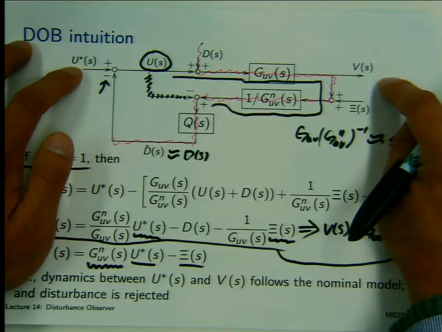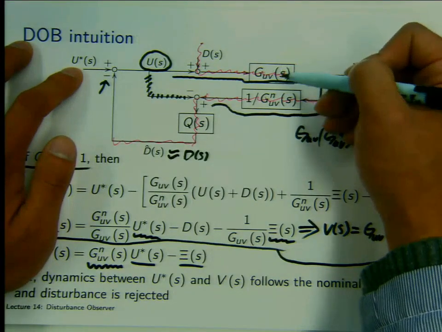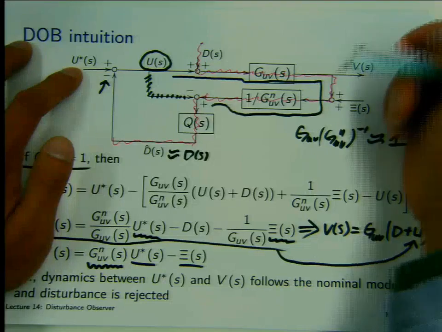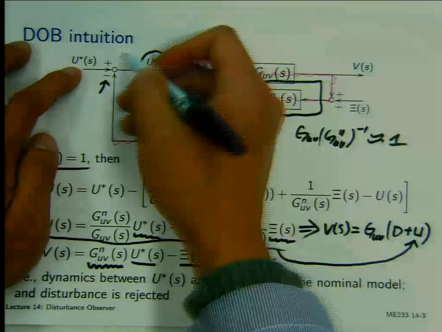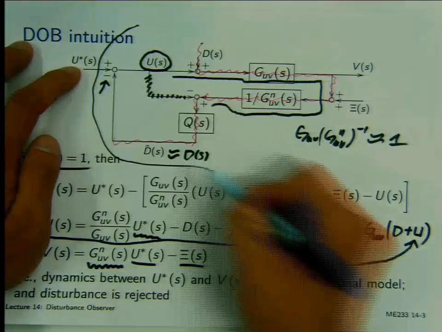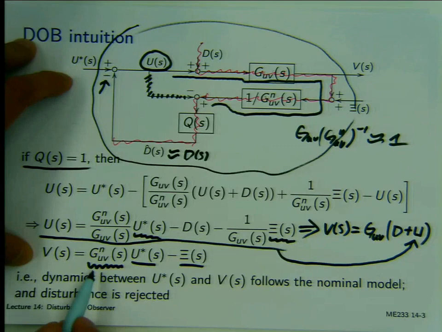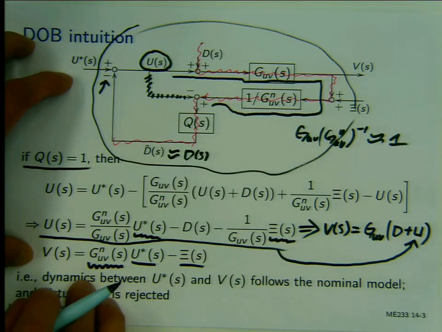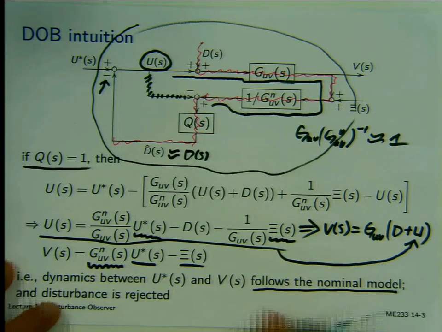Think about the intuition here. If the plant has uncertainties, it's going to make it difficult to design model-based controllers, right? But by this design, we have somehow made this very big dynamics very simple. This is a nominal model. We know the nominal model. Okay? So this is called the nominal model following property.